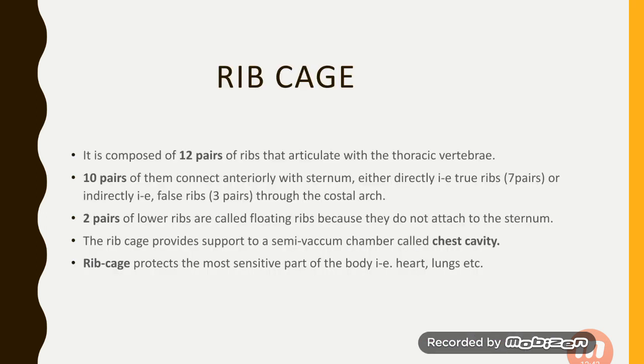Now the rib cage. The rib cage contains 12 pairs of ribs, which articulate with the thoracic vertebrae.